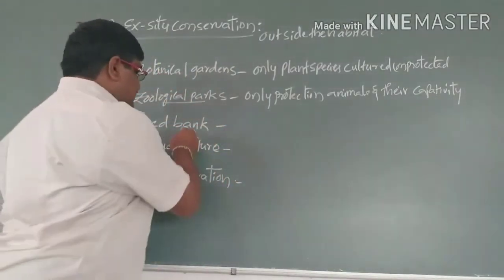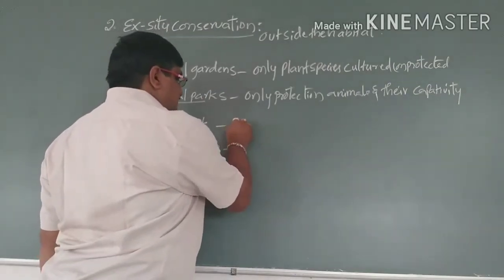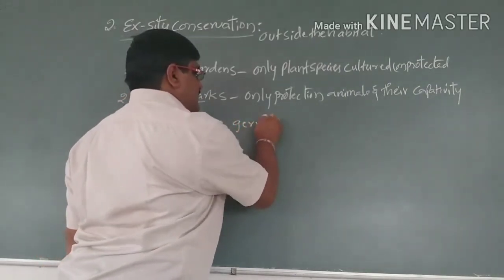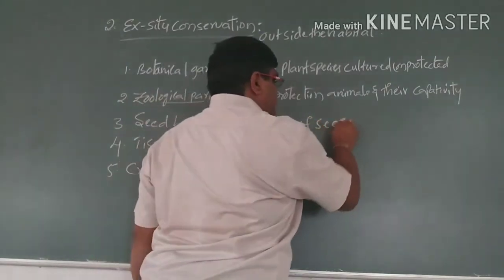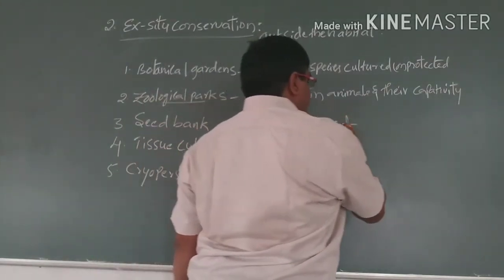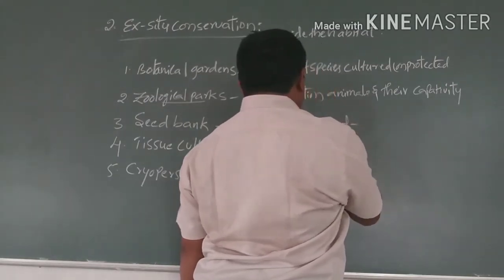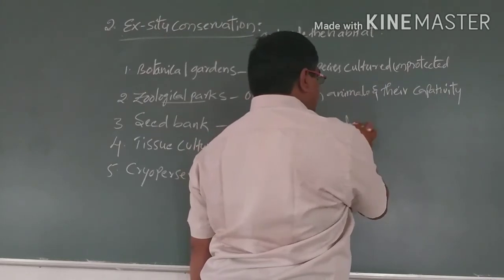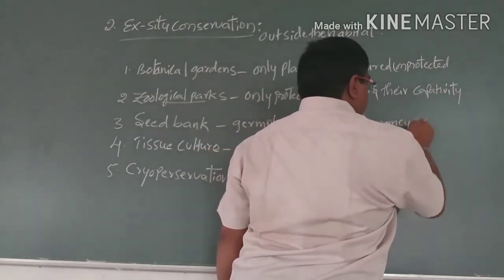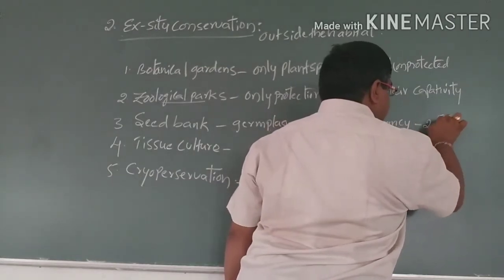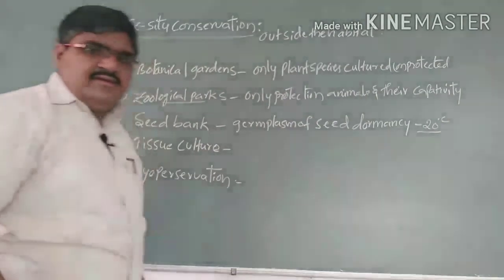The third one is the gene bank. Gene bank means the germplasm of a seed, where the seeds are dormant. The seeds are stored at minus 20 degrees centigrade.